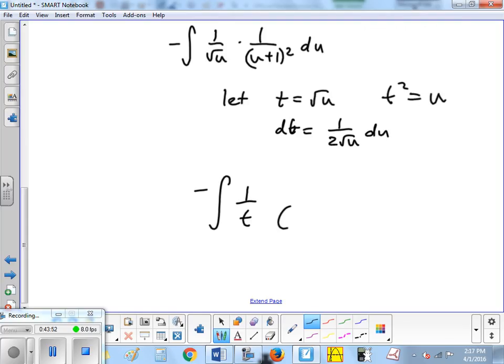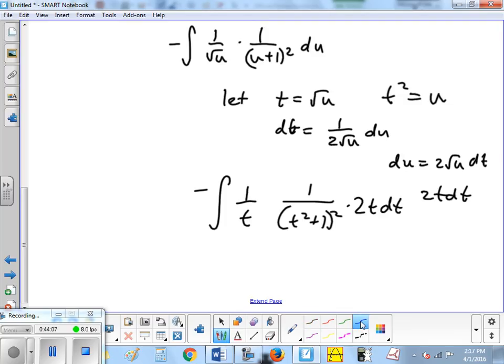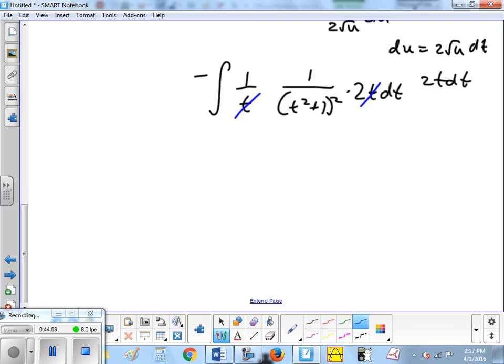So this would be a t squared plus 1 squared. And du would be 2 rad u dt, or you could just say 2t dt. And then this t cancels out. So now we have negative 2 over t squared plus 1 squared dt.